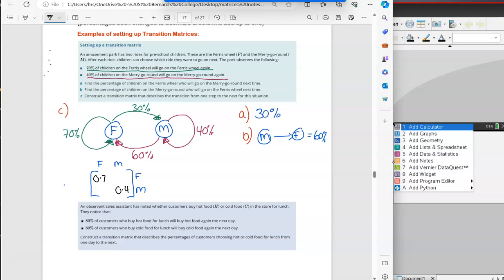Now, I don't even need to look at my diagram because I know they add up to 1. I can change that to 0.3 and I can change that to 0.6 because it's a 2 by 2. There's only one bit missing. It has to be that. So this is the transition matrix written out there.